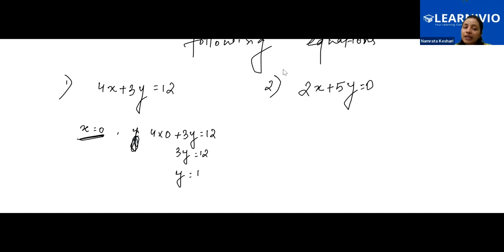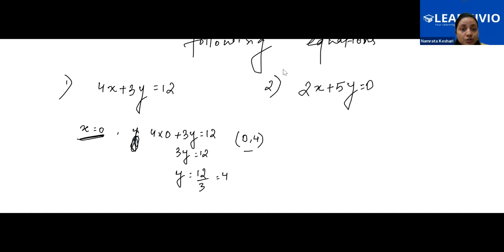When we take x as 0, we get y as 4. This is one of the solutions. We can write it in this format, because I was just showing you the graph, where all the points are solutions, written in coordinate form. So yes, we can write our solution in coordinate form: (0, 4).